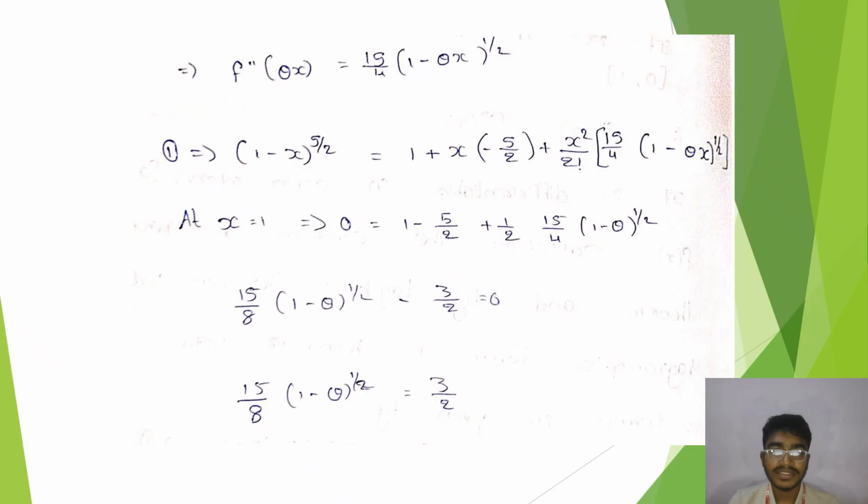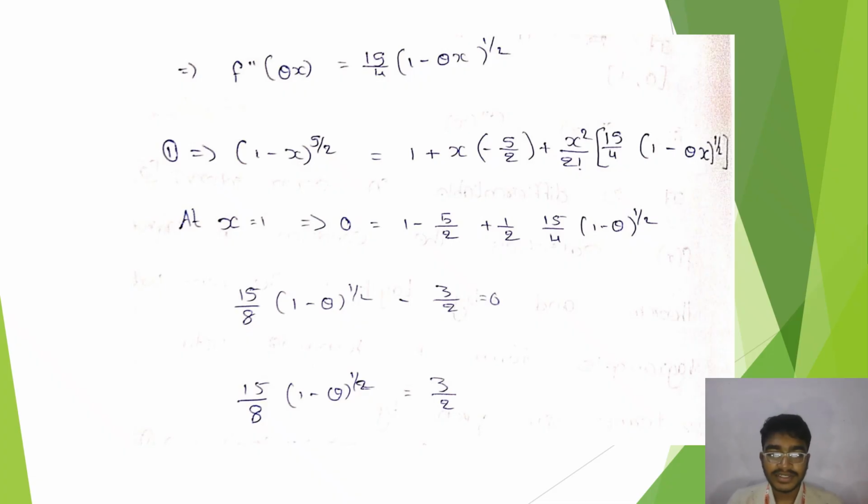From equation 1, we get (1 minus x) power 5 by 2 is equals to 1 plus x into minus 5 by 2 plus x square by 2 factorial into 15 by 4 into (1 minus theta x) whole power 1 by 2, at x is equals to 1. 0 is equals to 1 minus 5 by 2 plus 1 by 2 into 15 by 4 into (1 minus theta) whole power 1 by 2, and 15 by 8 into (1 minus theta) whole power 1 by 2 minus 3 by 2 is equals to 0.